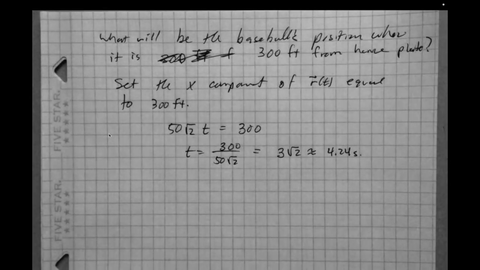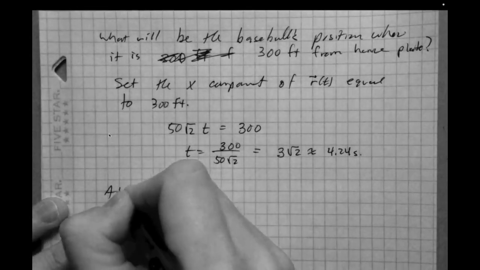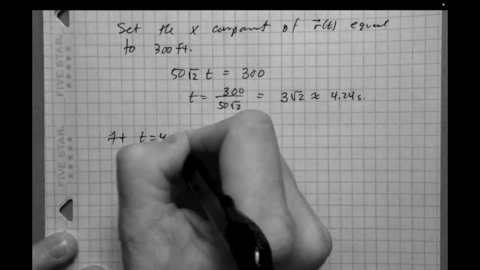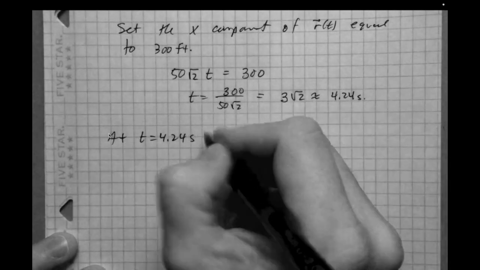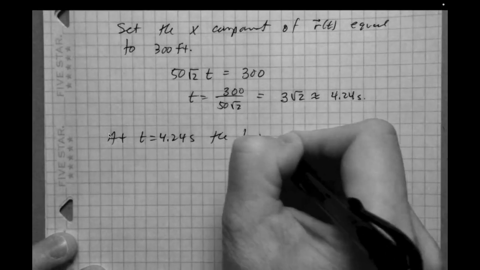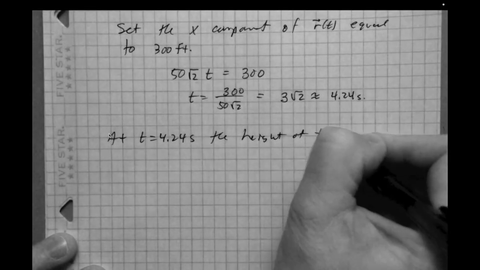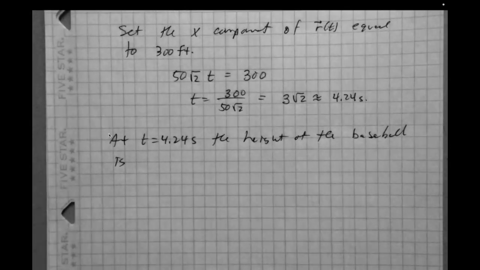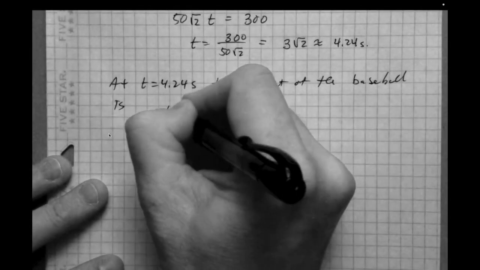Okay, and so that's not the answer. Obviously, that just tells us what value to plug into the position function. So at t equals 4.24 seconds, the height of the baseball is, well, basically we just have to plug in y of t, don't we?